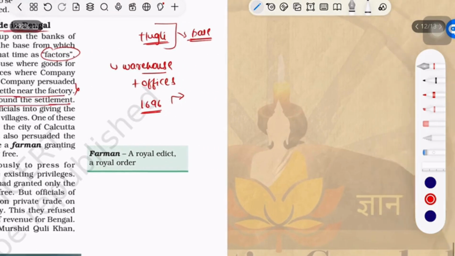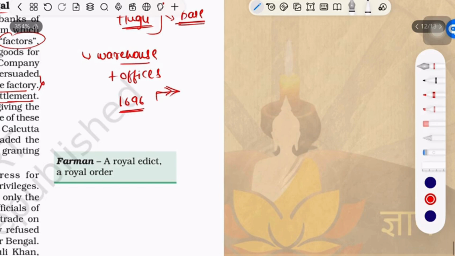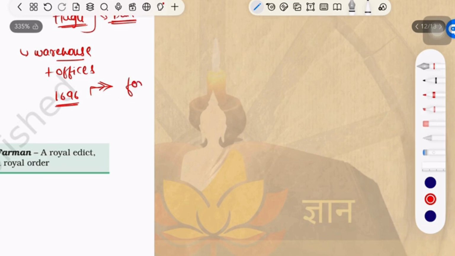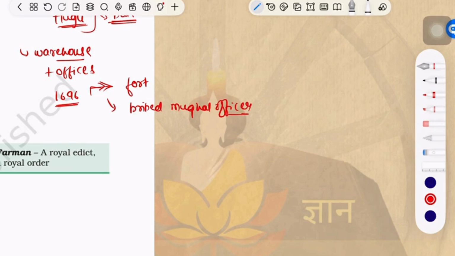And just to enter into this Indian trading part, they followed a series of events. First, they built a fort. Then they bribed Mughal officers for zamindari rights for three villages.